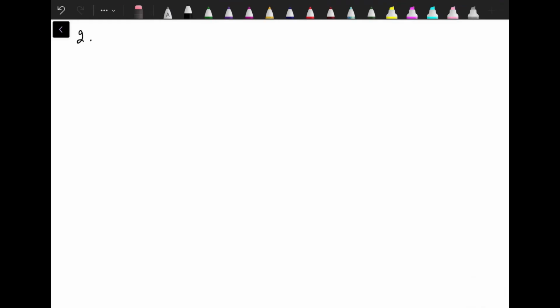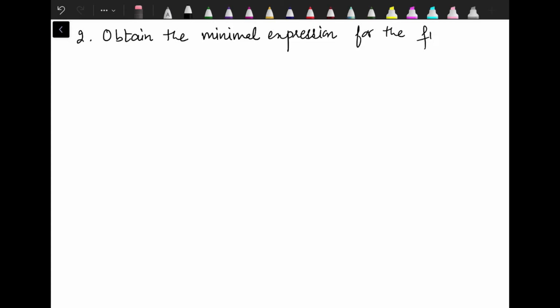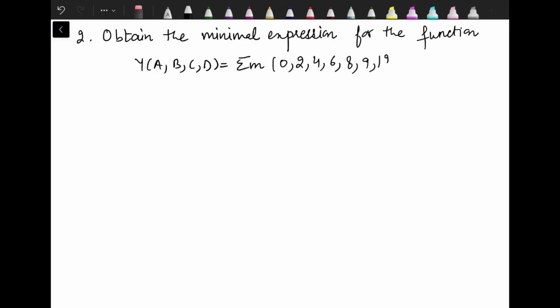The second problem says obtain the minimal expression for the function Y(A, B, C, D) equal to summation m(0, 2, 4, 6, 8, 9, 12).